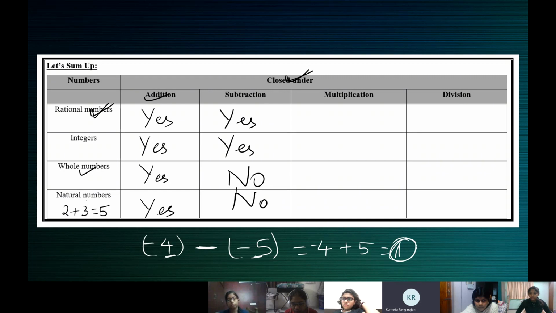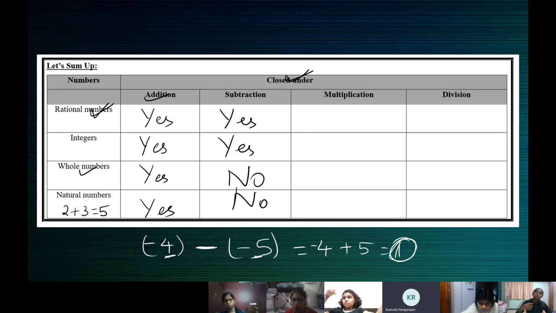I'm taking 5 by 2 and 2 by 5, 2 into 5, it is 10, ma'am. So that is closed under multiplication, ma'am.